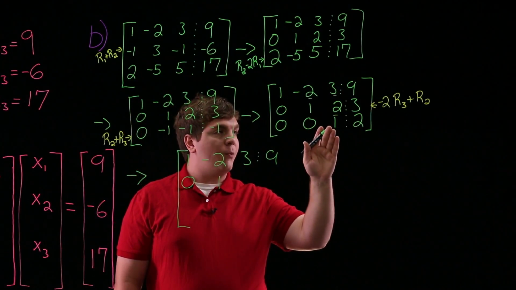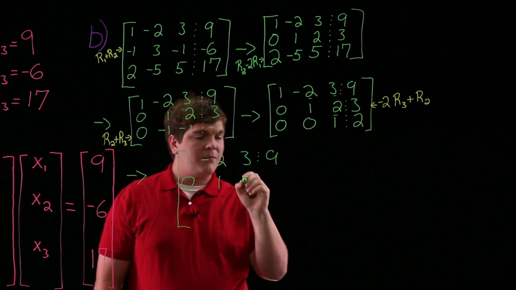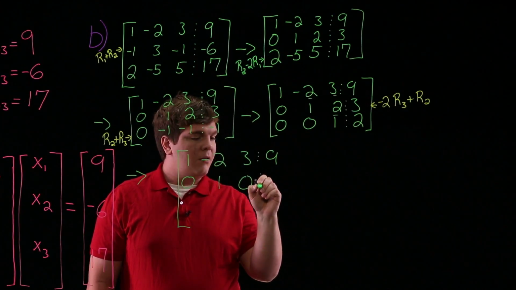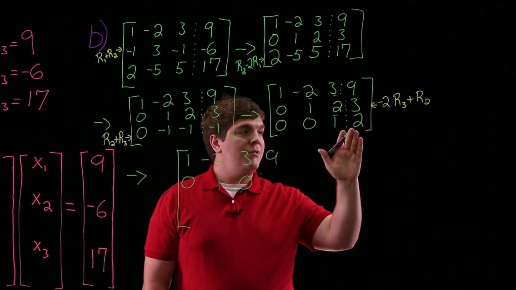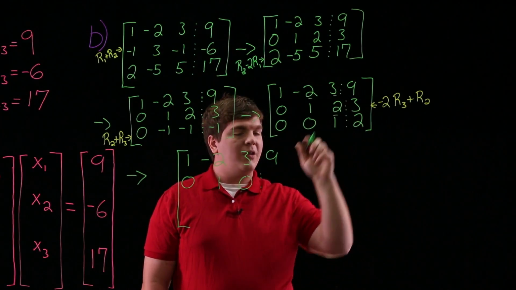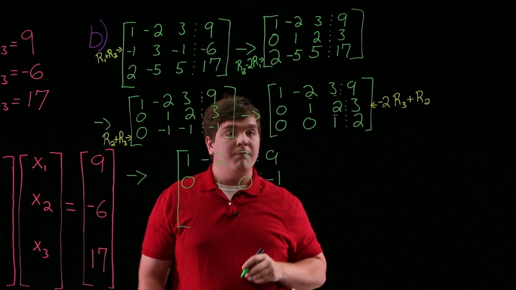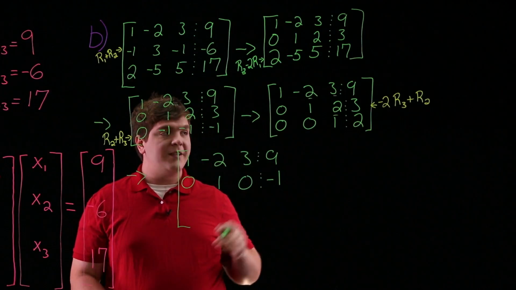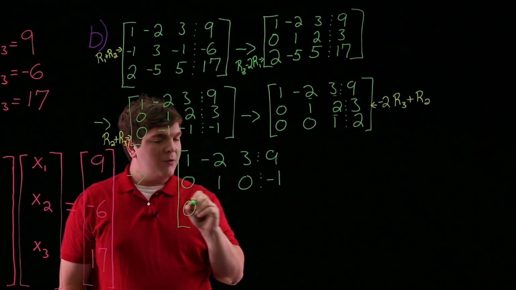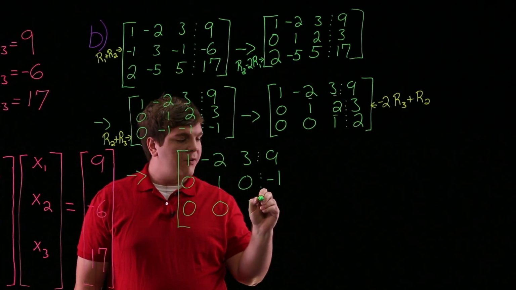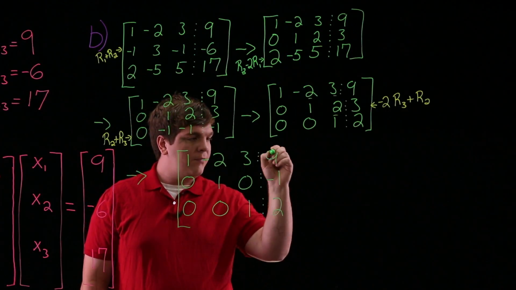Negative 2 times 1 plus 2 is 0. And negative 2 times 2, which is negative 4, plus 3, is negative 1. And our third row remains exactly the same as 0, 0, 1, 2.